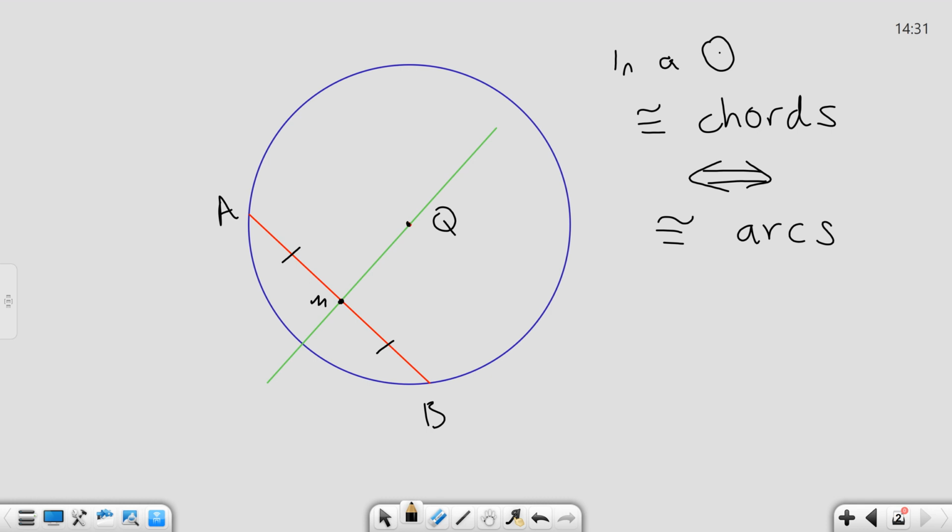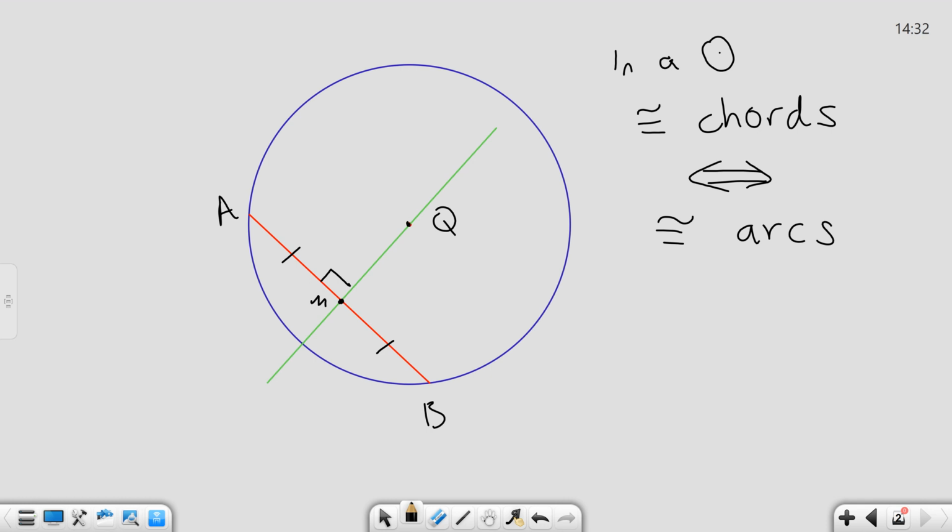What else do you notice from that picture? They're perpendicular. Beautiful. Which makes green the perpendicular bisector of that chord.